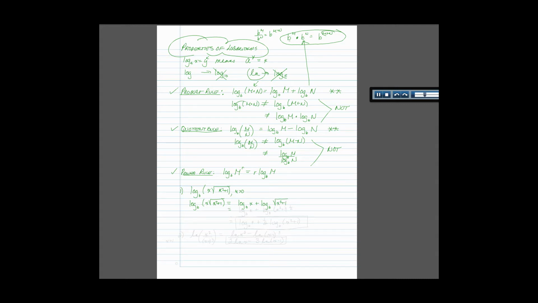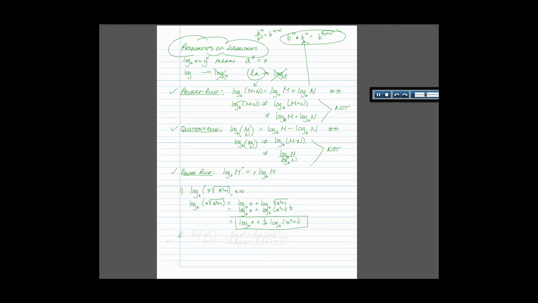Now right underneath that, this I can't simplify, so I'm going to write log base b of x plus, but another way to write this is log base b of x squared plus 1 to the 1/2. And we know from our power rule that I can take this and bring it down in the front. So what I have is log base b of x plus 1/2 log base b of x squared plus 1. And it's been simplified.